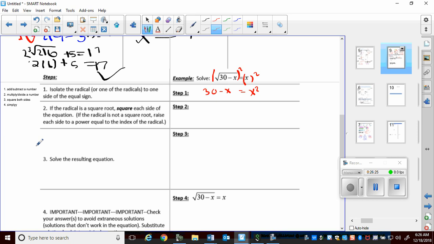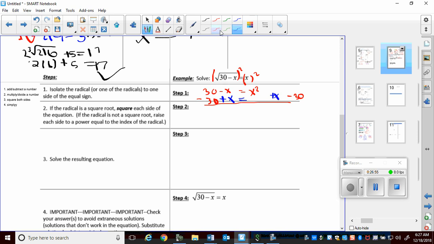Now, what we're going to do is actually factor everything. So that means I'm going to move 30. Remember, when you move a number to the opposite side, it just becomes the opposite. And then I am going to move x over as well, so it becomes positive on the other side of that equal sign.